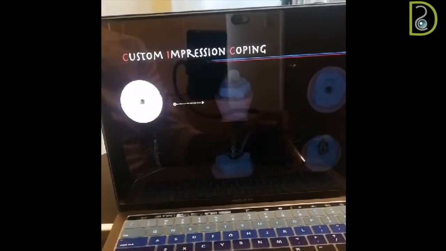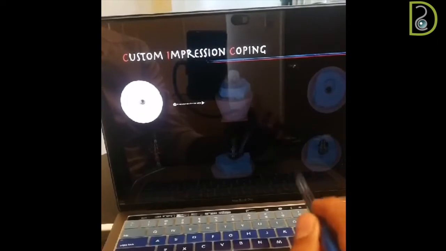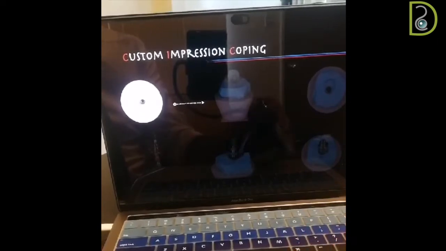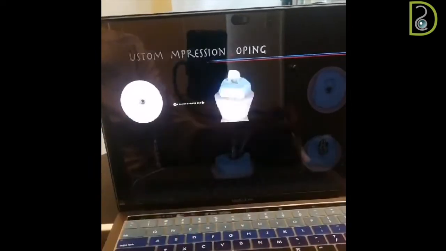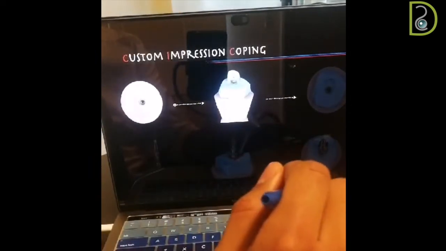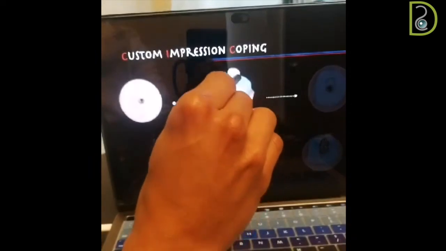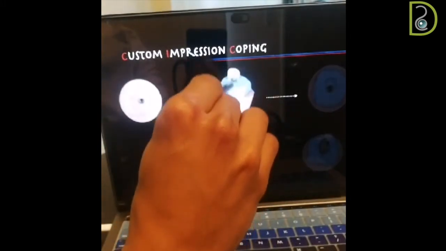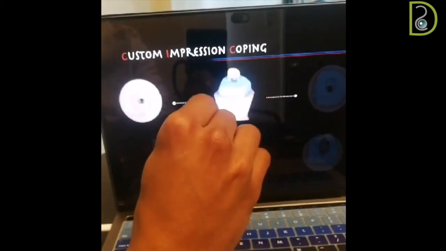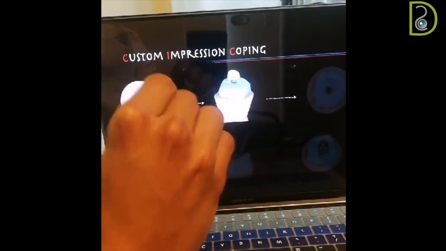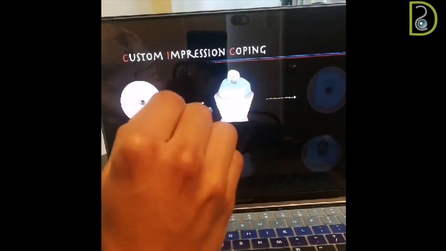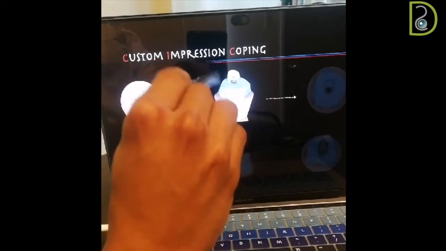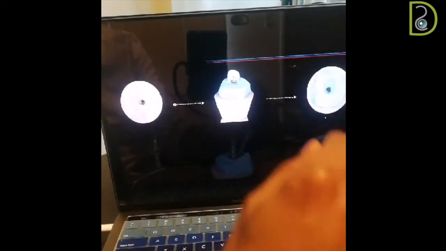And there are different techniques for how to do the custom impression coping. The way I do it, first I stabilize the implant analog in the stone. After that, I attach the provisional restoration or the custom healing abutment to the analog, and I inject a blue mousse material, which is the bite registration material, to capture only the emergence profile of the provisional crown, as you can see here.